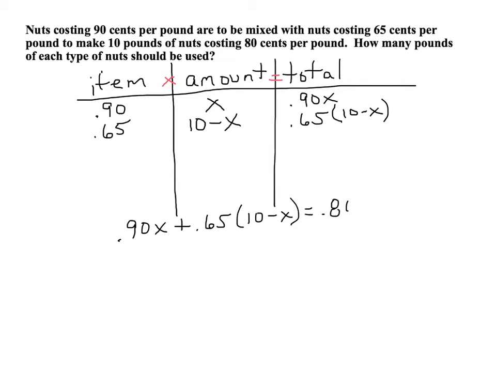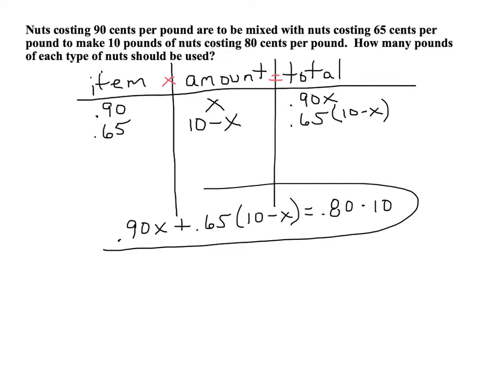The value of the mixture is 80 cents per pound times 10 pounds. So you can see that the equation is exactly the same, and of course, the answer is going to be the same. But many people find that putting it into a chart helps to get that equation, and you might find that useful.